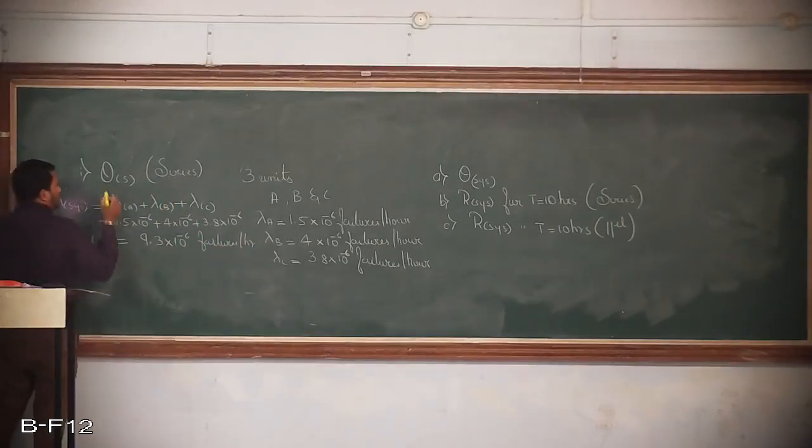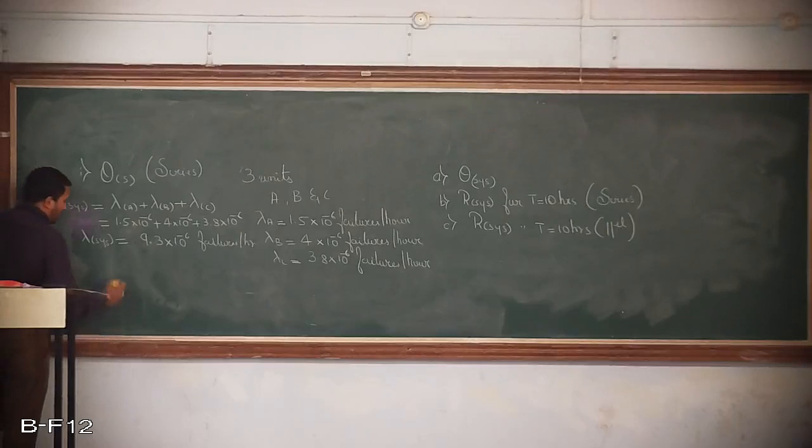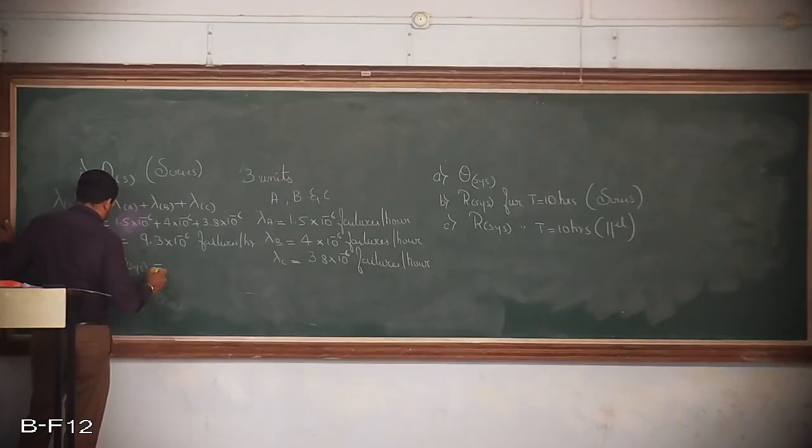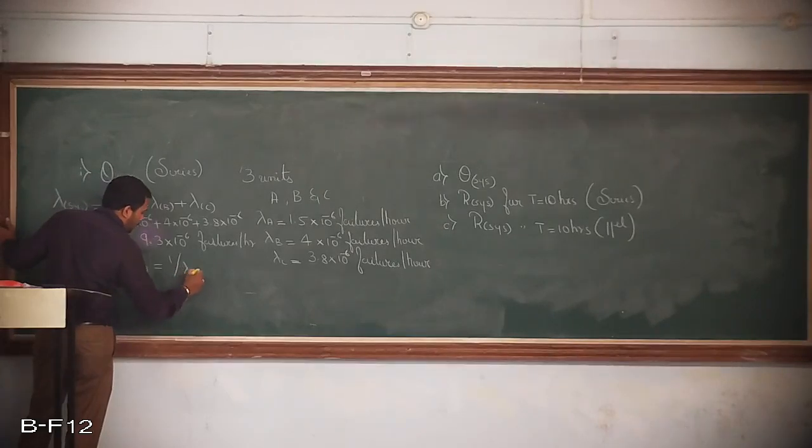But we want the mean time between failure of the entire system, that is theta system, and we know that mean time between failure is equal to 1 by the failure rate per hour of the entire system.